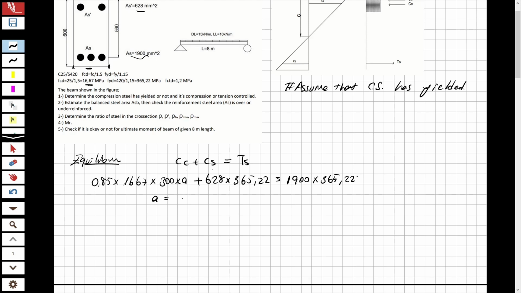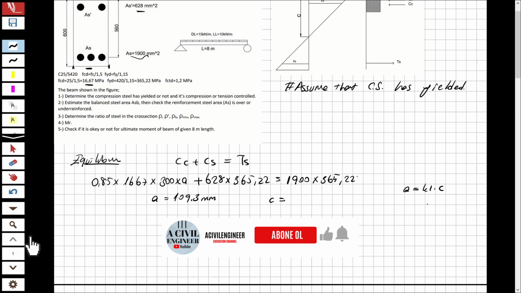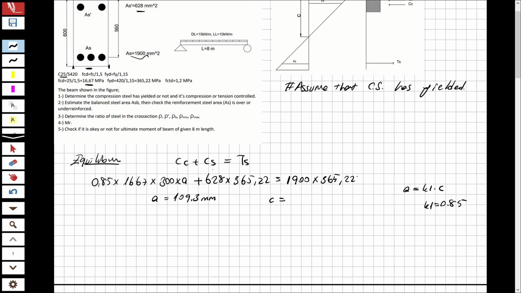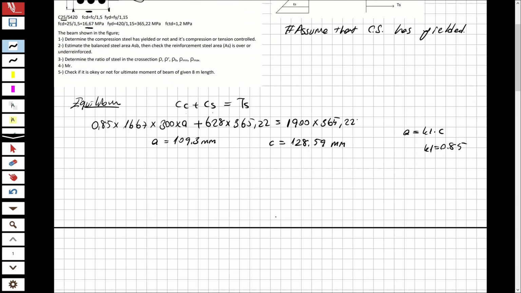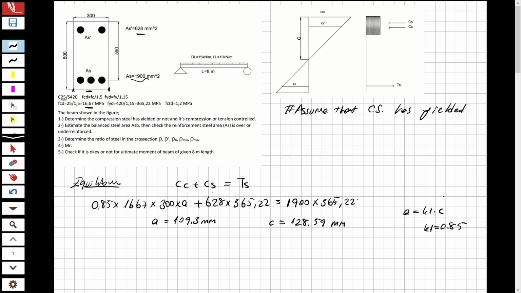From here I obtain a equal to 109.3 millimeters. We also have to find the neutral axis, as I said, a equals K1 multiplied by c. K1 is 0.85 because of the type of the concrete, C25, and c will be 128.59 millimeters.